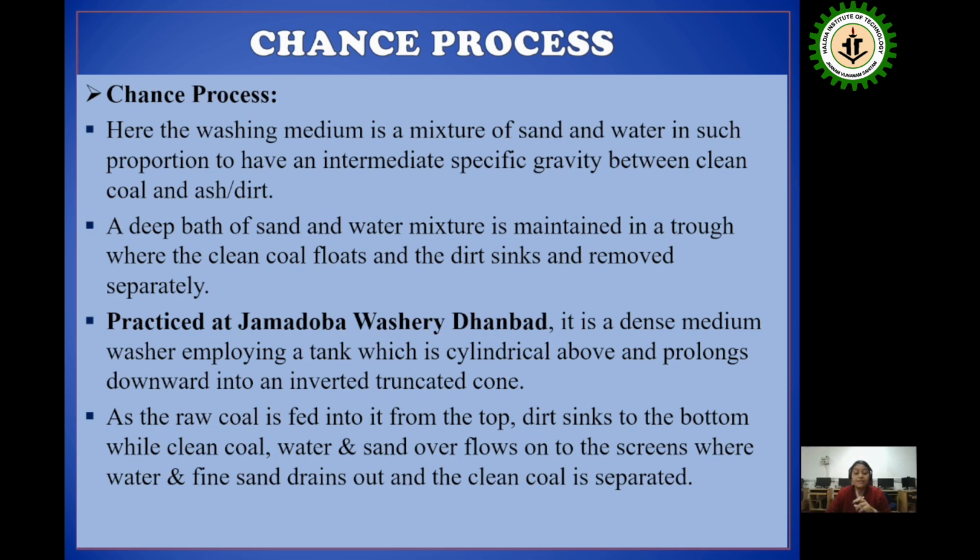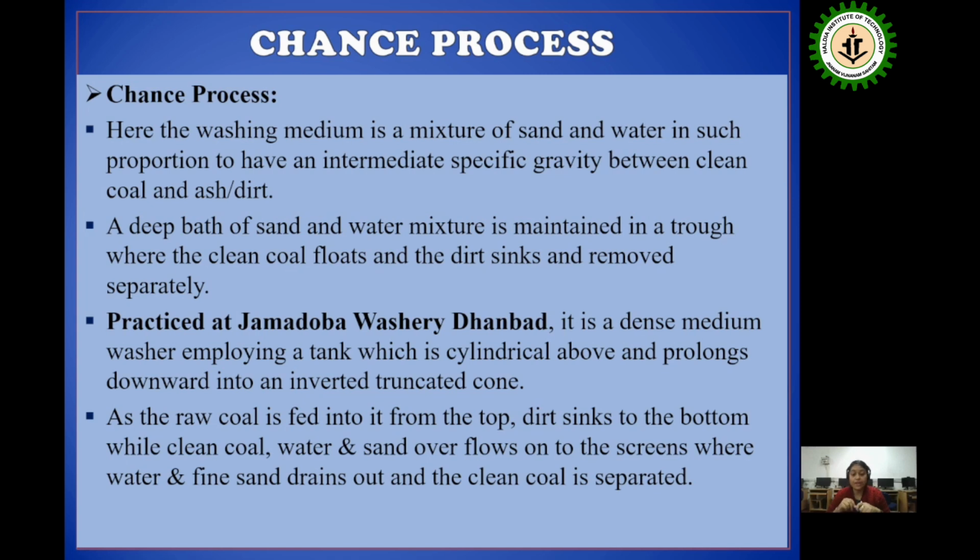A deep bath of sand and water mixture is maintained in a trough where the clean coal floats and the dirt sinks and is removed separately. This process is actually practiced in Jamatoba Washery, Dhanbad. It is a dense medium process that employs a tank which is cylindrical above and prolongs downward into an inverted truncated cone.